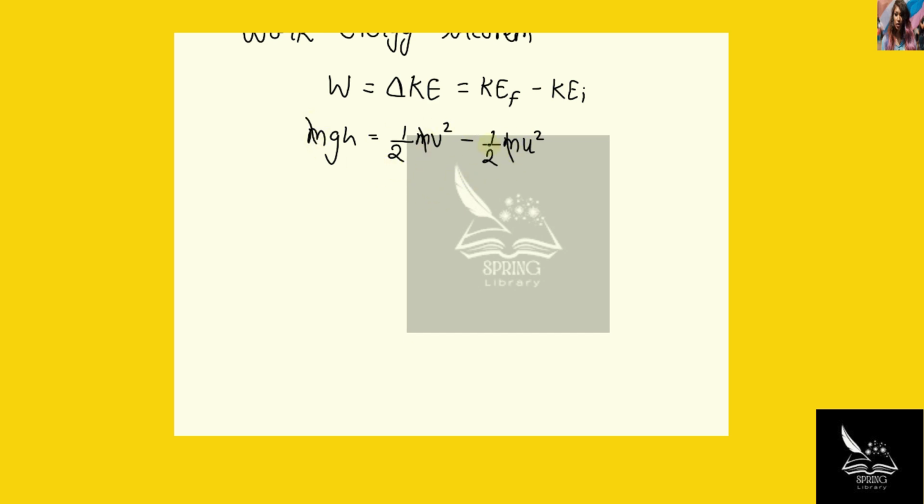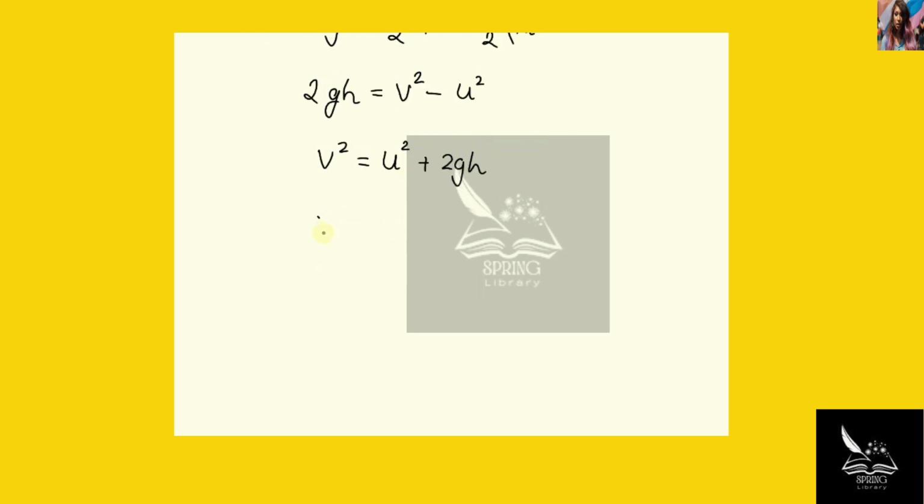So we get g times h is equal to half times v square minus u square, so the half can go over here, and it will be 2gh equals v square minus u square. So v square will be equal to u square plus 2gh. This is the equation of motion, if one can notice. So v will be equal to the square root of u square plus 2gh.